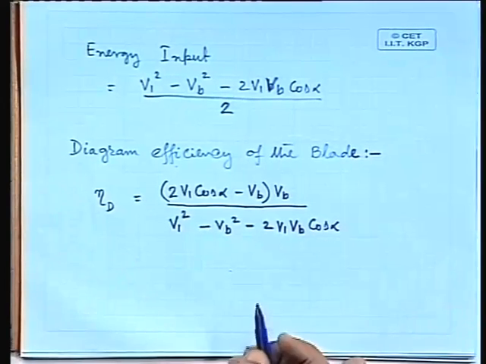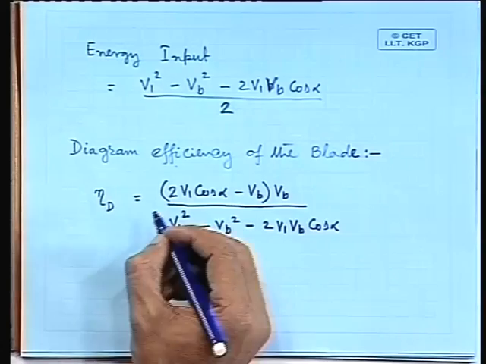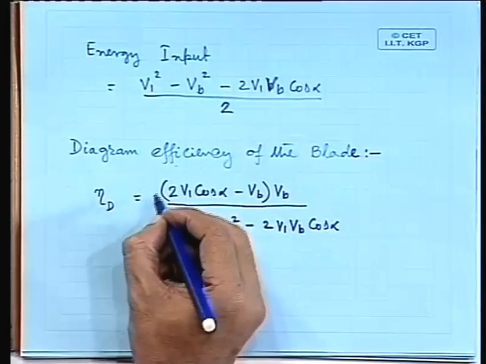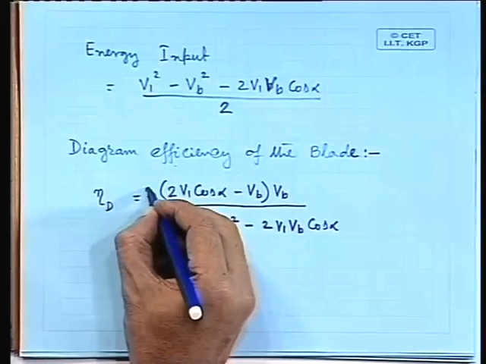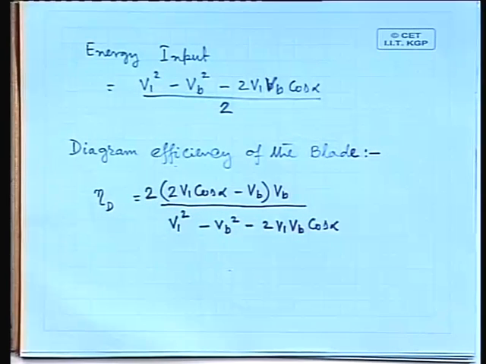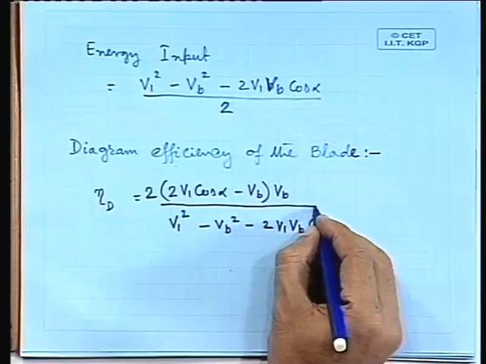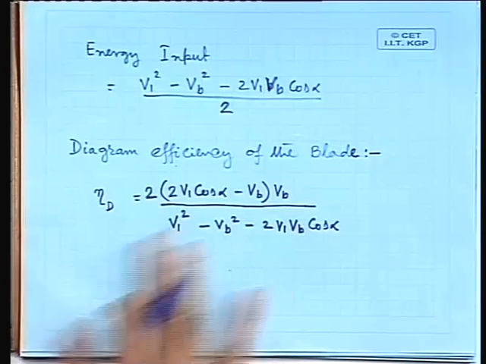So at the top there will be 1, this 2 will come here. Now we have got the diagram efficiency in terms of V1, Vb and alpha.